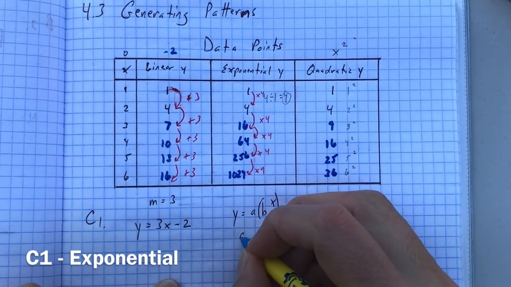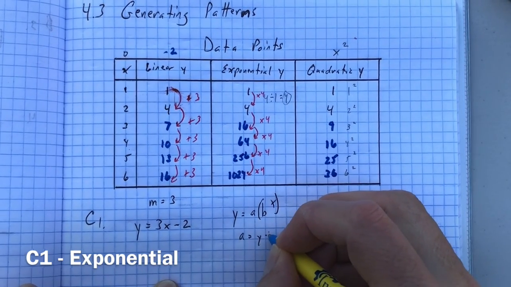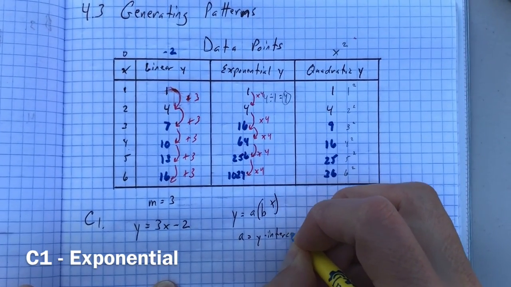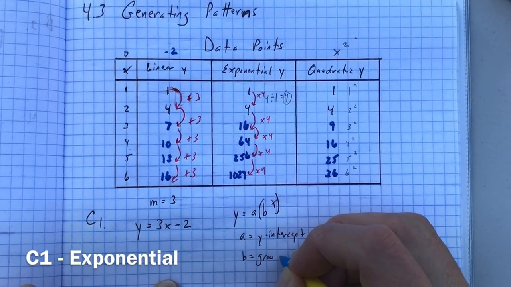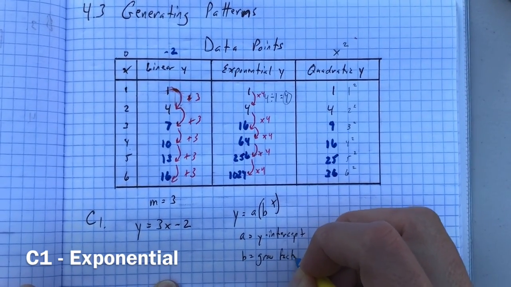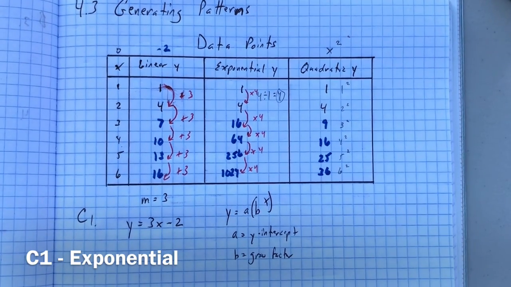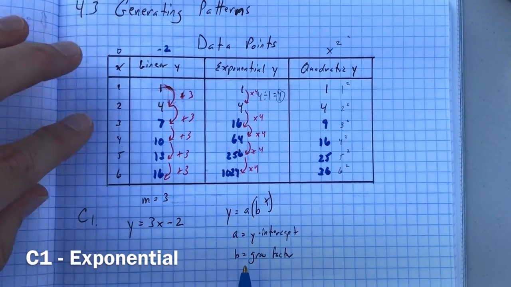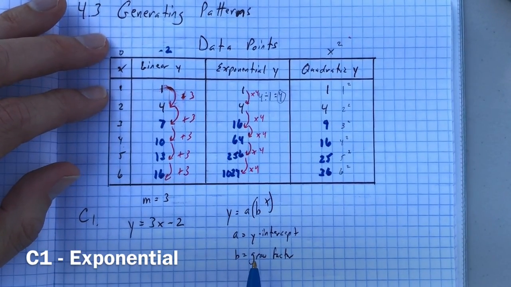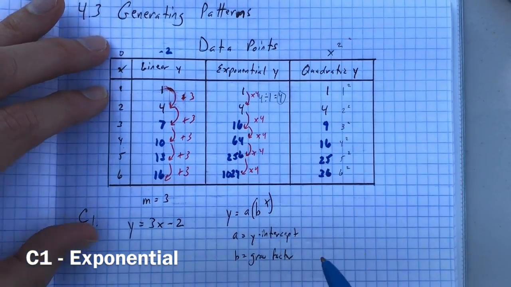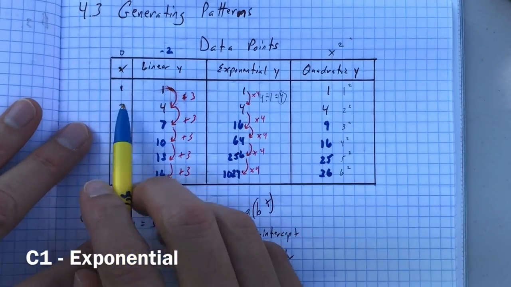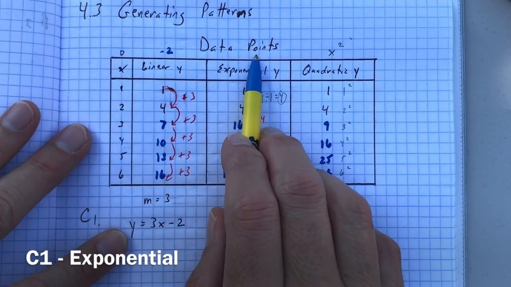We can't forget a equals the y-intercept, and b is our growth or decay factor. In this case, it's growth because we have a growing process. Now remember, we need to figure out what the y-intercept is. We already know that it's 4 for part of it, but we need to figure out what it would be for 0.